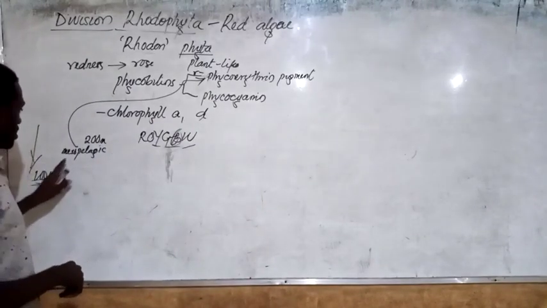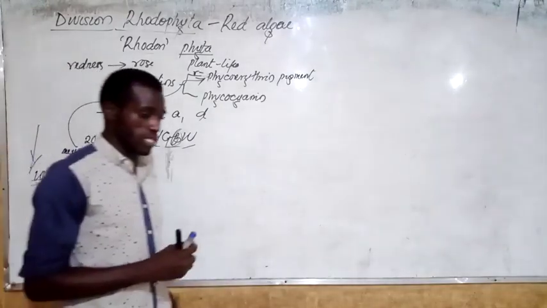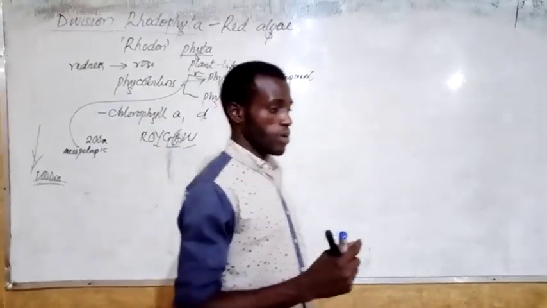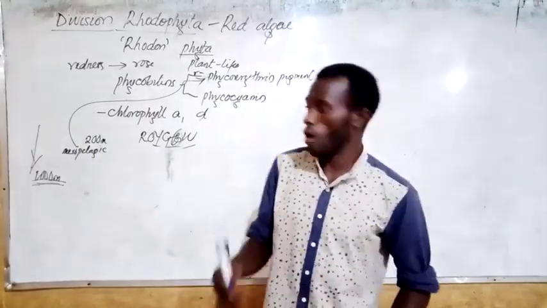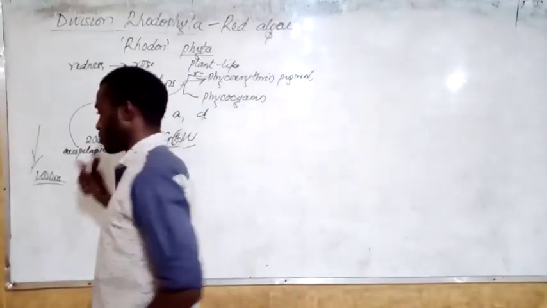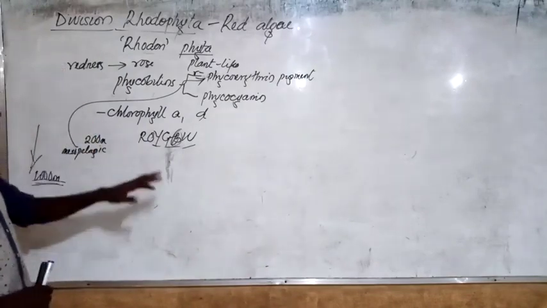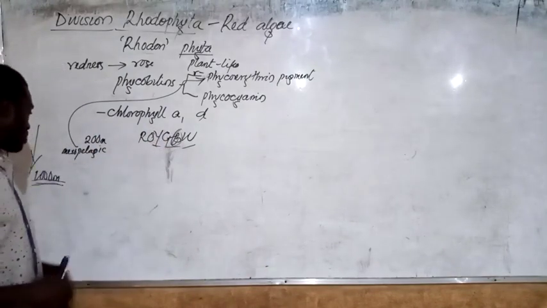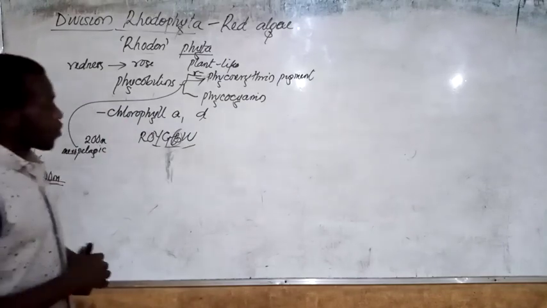If it's in the mesopelagic zone, you know that when we treated zonation of aquatic organisms in our last video, we talked about the fact that organisms in the mesopelagic zone are usually red in color. So we expect that these red algae found close to that zone are going to be red in color. So they reflect the red light and absorb every other spectrum of the light. So that is their coloration.